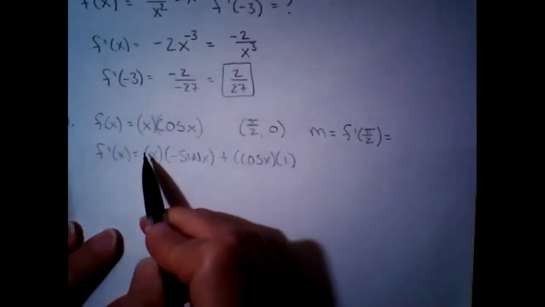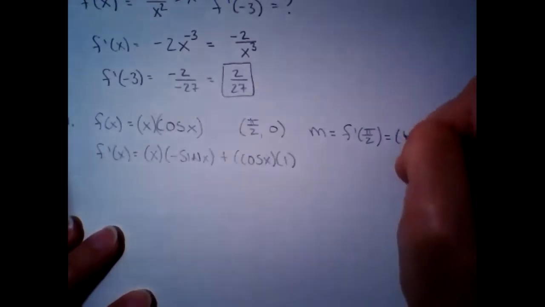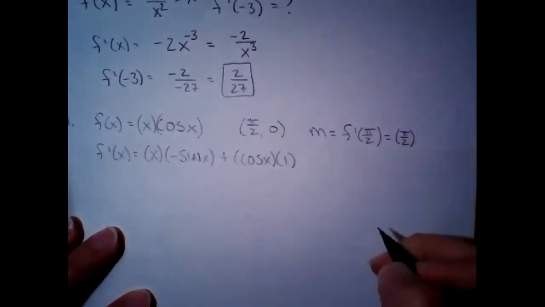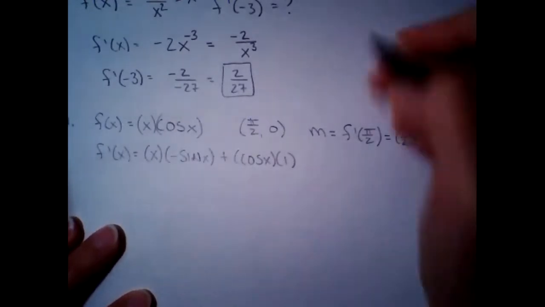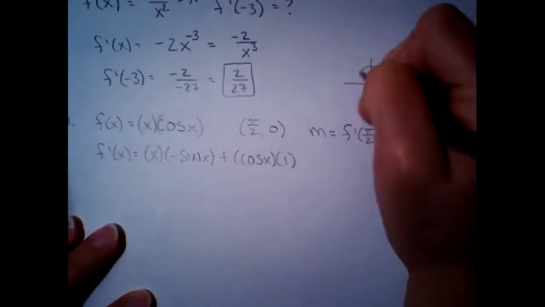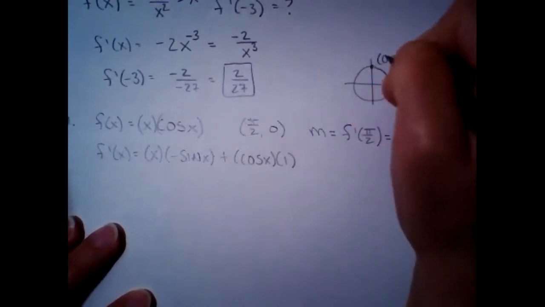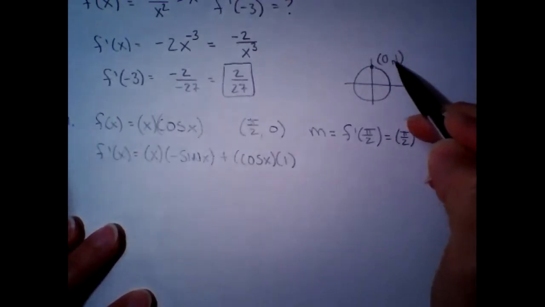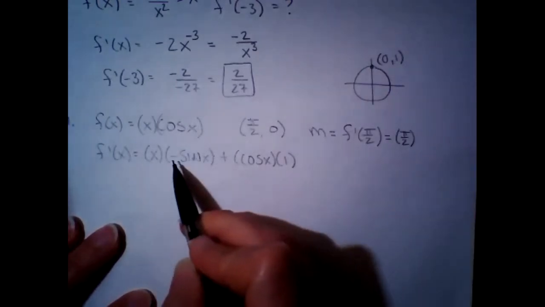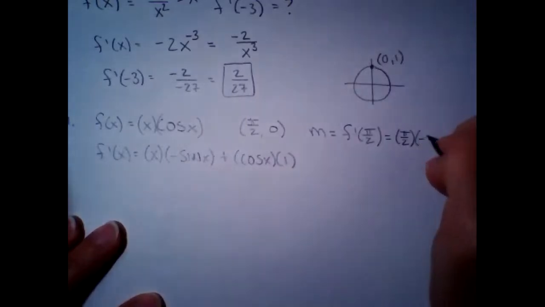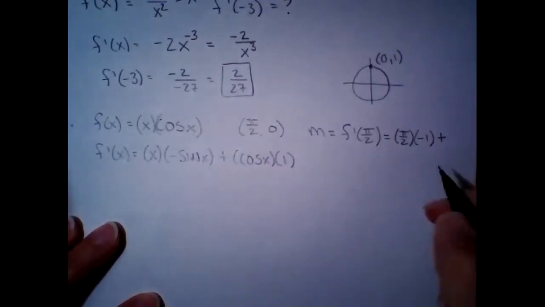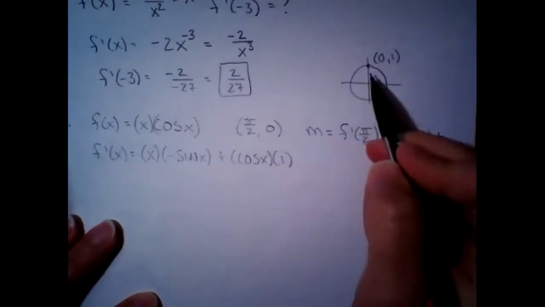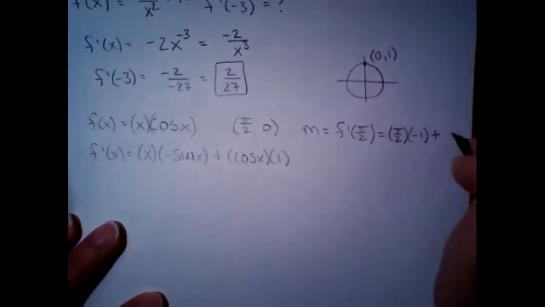So if we plug in pi/2 for x, that first part would be pi/2. And then sine of pi/2. Let me draw pi/2 on the unit circle. It would be up here. Sine is the y value, so that would be 1. And we're going to make it negative. So that would be -1 plus, now cosine of pi/2, cosine is the x value, so that would just be 0.